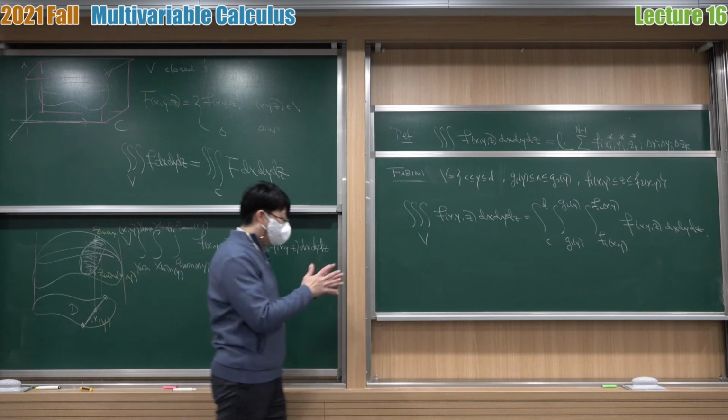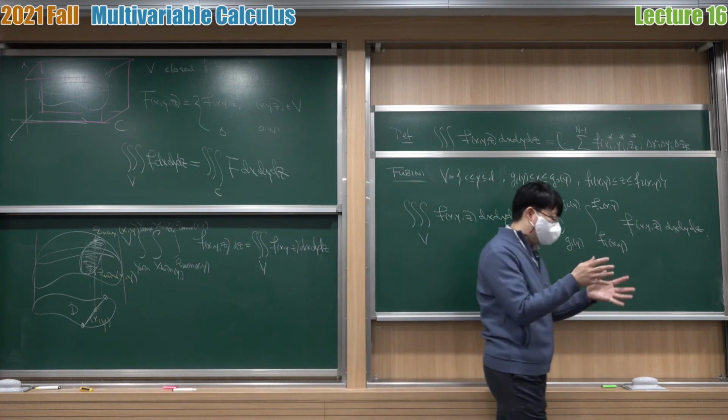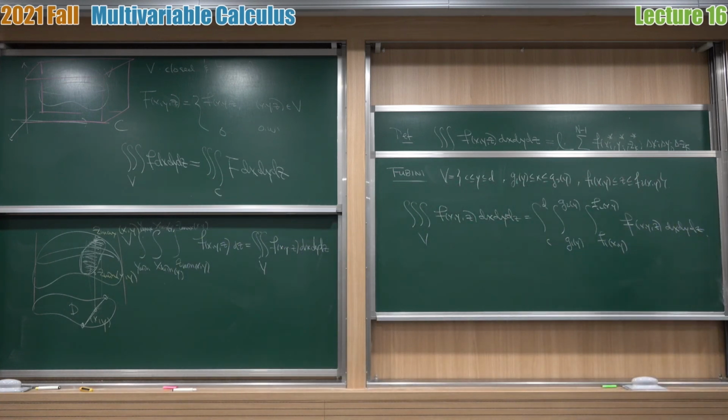So you can start thinking about exactly the same question we discussed in the double integral. What if we cannot find a single formula to represent the z max or z min? Then you have to split your volume into two pieces so that you can use one formula for each limit. How you split the volume also requires finding where your tangential planes are in the horizontal direction or vertical direction and so on.